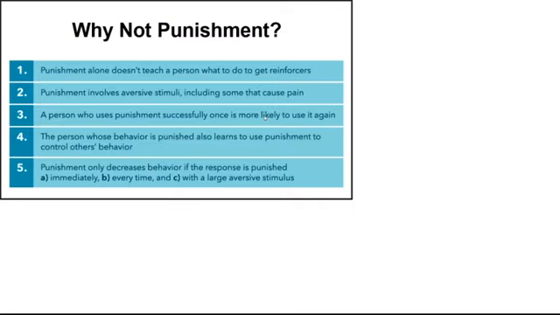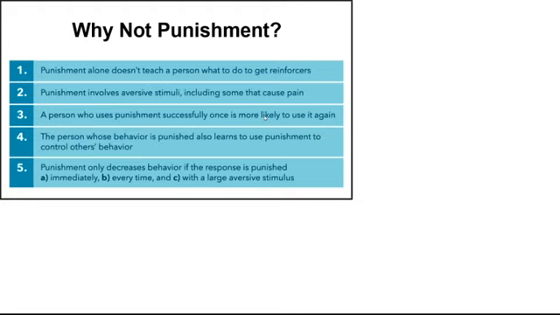If we wanted to focus on the other side of it, we can look at some of the reasons why we don't prefer to use punishment. The first is that punishment on its own doesn't actually teach them what to be doing instead. So if you tell them not to do a bad behavior, they don't know what to do with themselves instead.